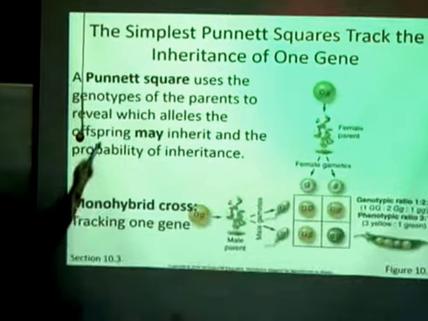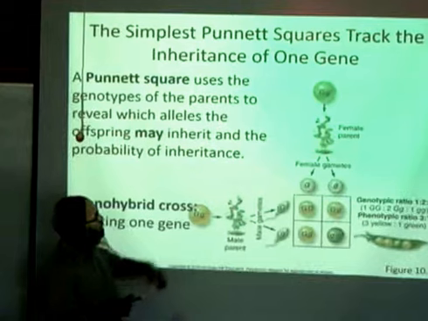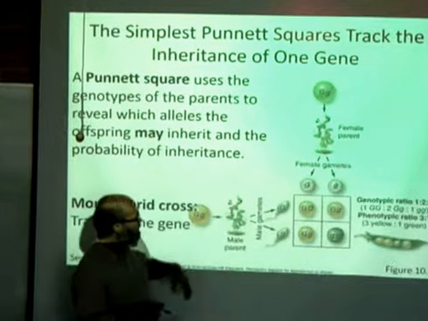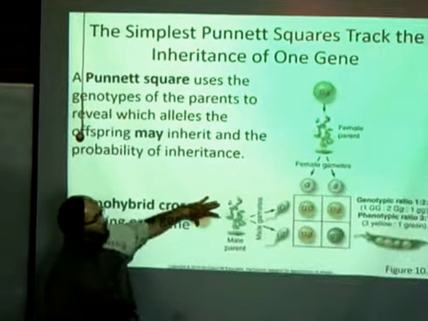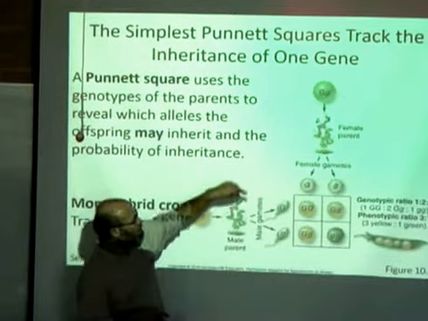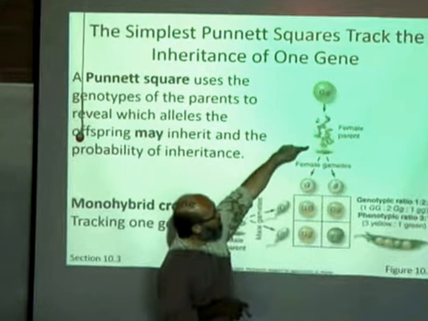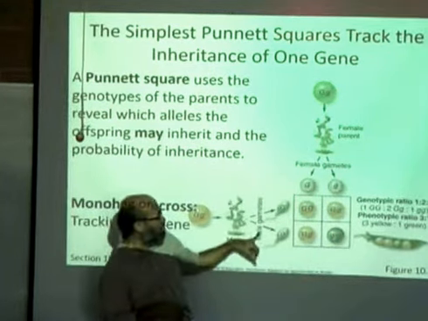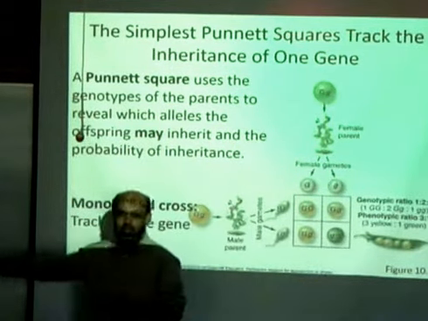And the square is this square. It is used to follow what happens from one generation to the next generation. What he did was put the male parent on this side and the female parent on that side, and then he saw what type of gametes can be made from the female side and what type of gametes can be produced from the male side, and then crossed them to see what happens in the next generation.